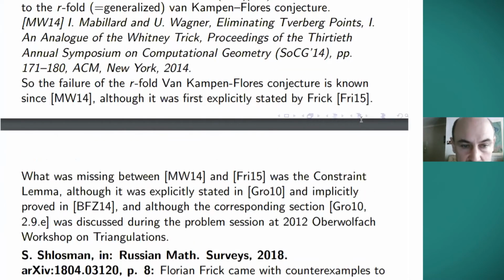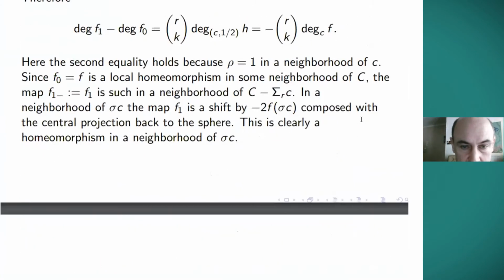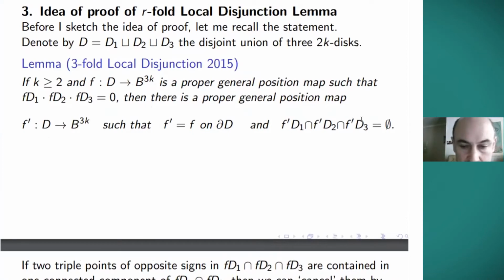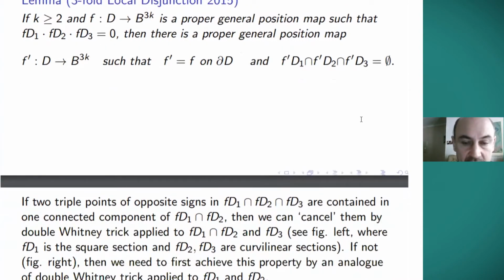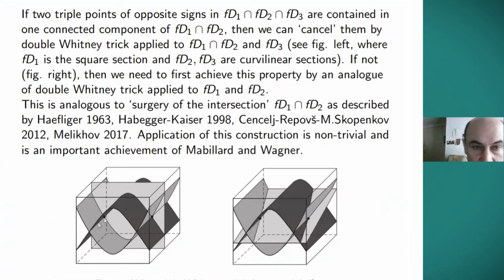Here is actually the statement recalled. And the idea, let me recall the above pictures. Like here, if the two triple points of opposite signs in the triple intersection are contained in one component of this double intersection, like in this picture, and here D1 is this curvilinear disk, and D2 is this curvilinear disk.